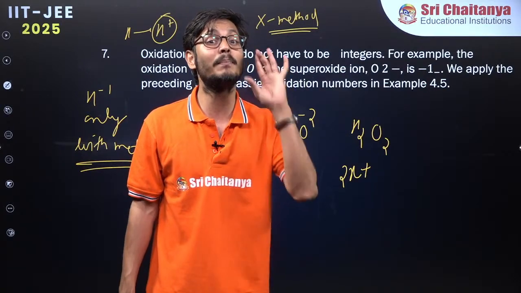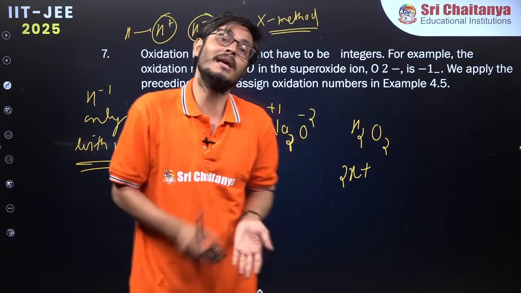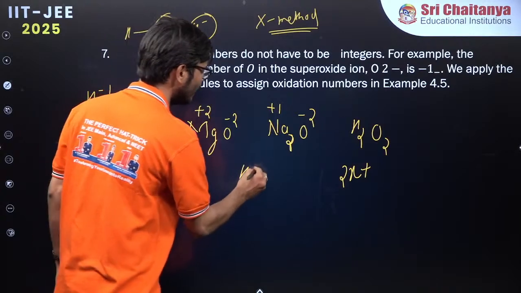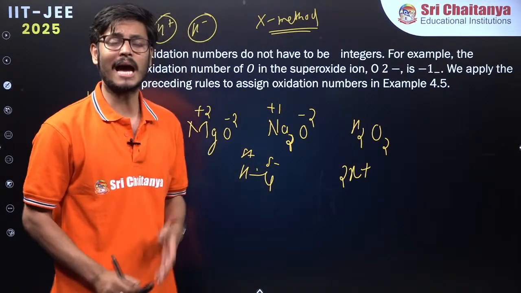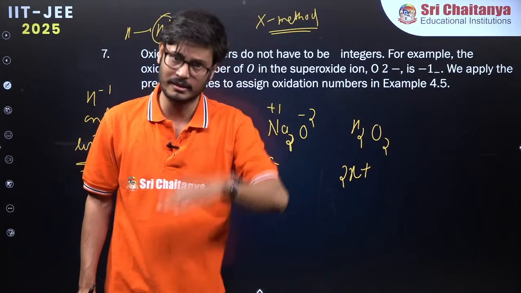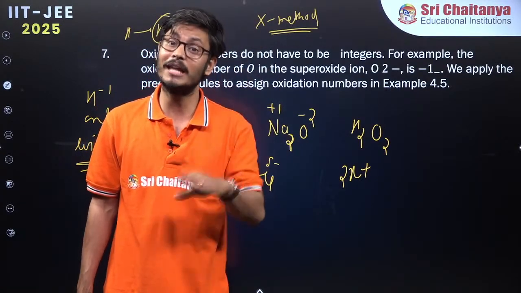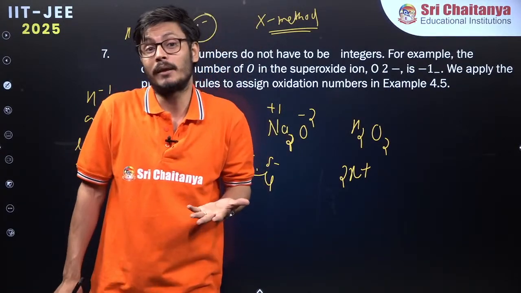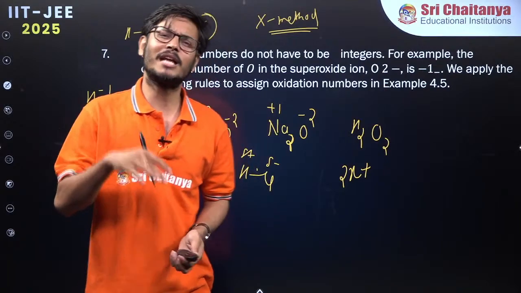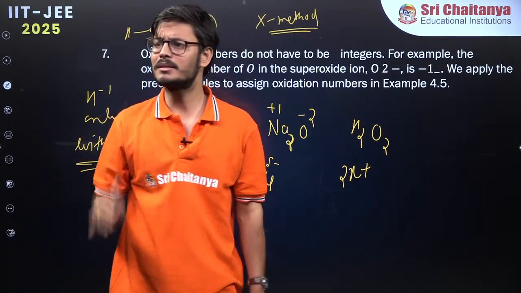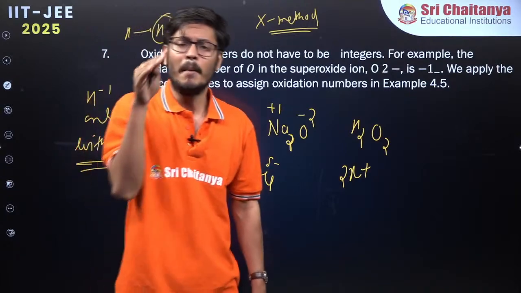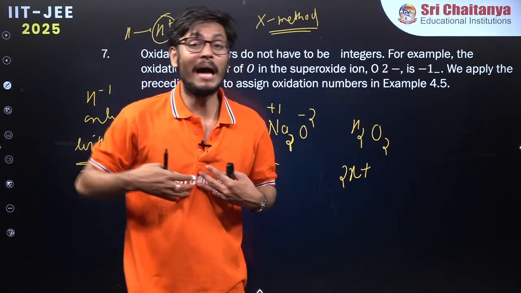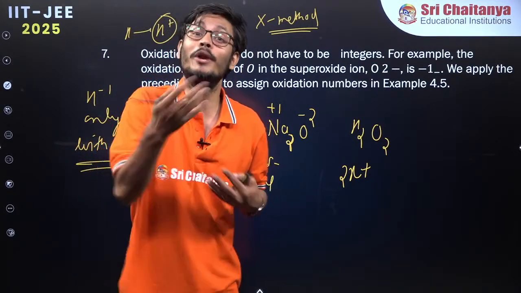Otherwise it will be +1, because in HCl, it is H plus, Cl minus, isn't it? So hydrogen is +1 or -1. Why it happens is hydrogen's electronegativity is very, very less. So it becomes +1. But the metals' electronegativity is least. Metals' electronegativity is very, very less. Why? Because the metal has a tendency to donate, not to accept.